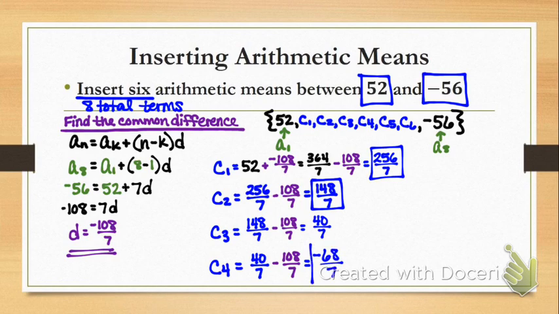Two more. Negative 176 over 7. And negative 284 over 7. Yes.